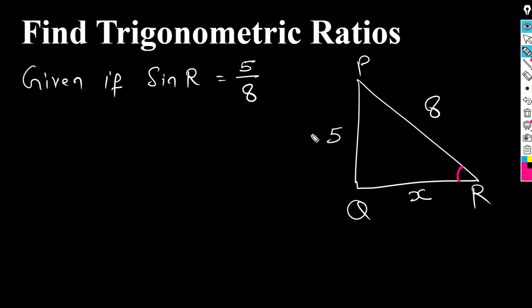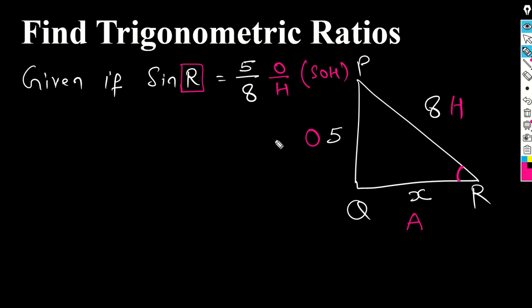Now this is opposite and this is hypotenuse, right? Sine is opposite over hypotenuse, so SOH. And adjacent is x. So this is important, right? That is how you find which side is opposite, which side is adjacent, and which side is hypotenuse. Like this, you can give them the names.